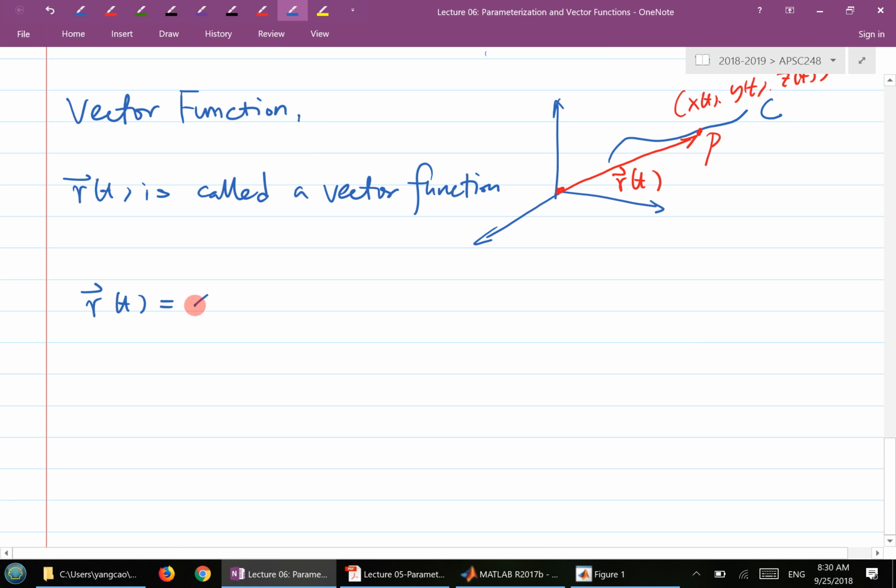I can simply write it like this, with x of t, y of t, z of t being however the results come out. You can plug them in here, or with different notation, we write it like this. That's how you express a vector function.